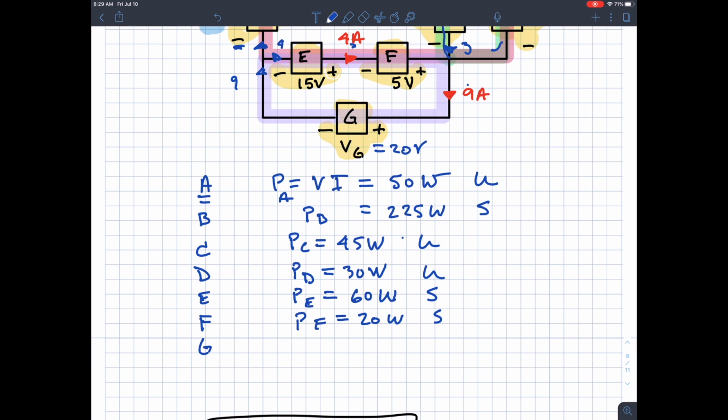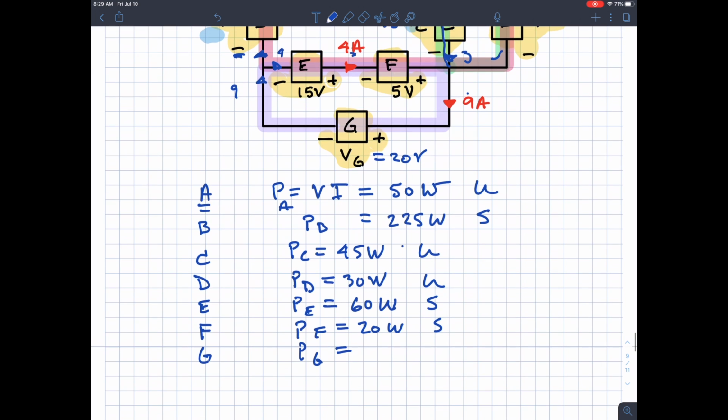And finally, element G. Element G we know is 20 volts. This is the current of 9 amps, so 20 times 9 is 180. We have 180 watts. Current's moving in the direction of a drop, so this is used. All right. So we do some verification.